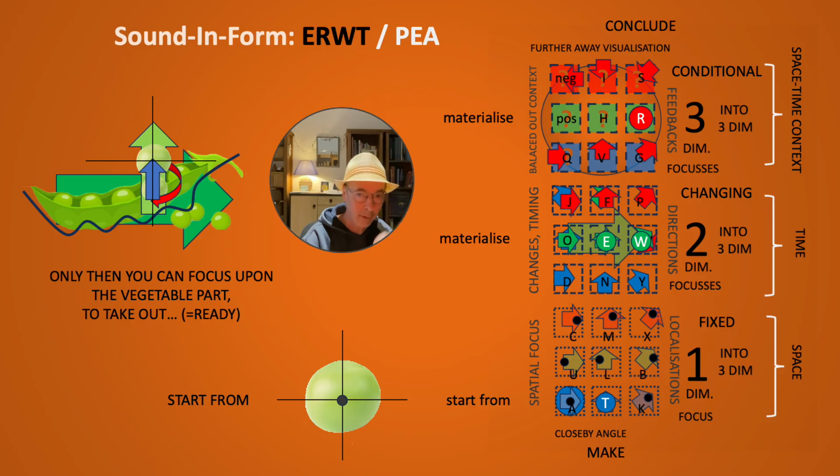I also lift it out just slightly for my focus, but that is not more than that. It's not a lifting out physically, but it's really like, okay, I lift it out because I notice it. Yes, now it is ready. That's how ERWT is a very good description of the P.